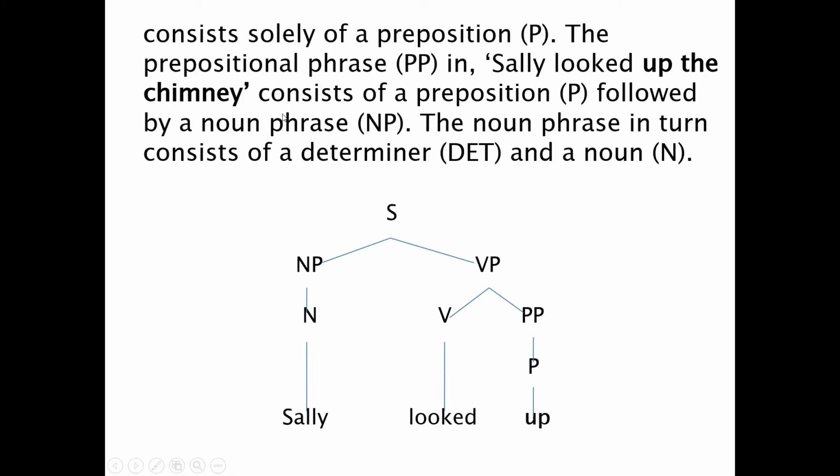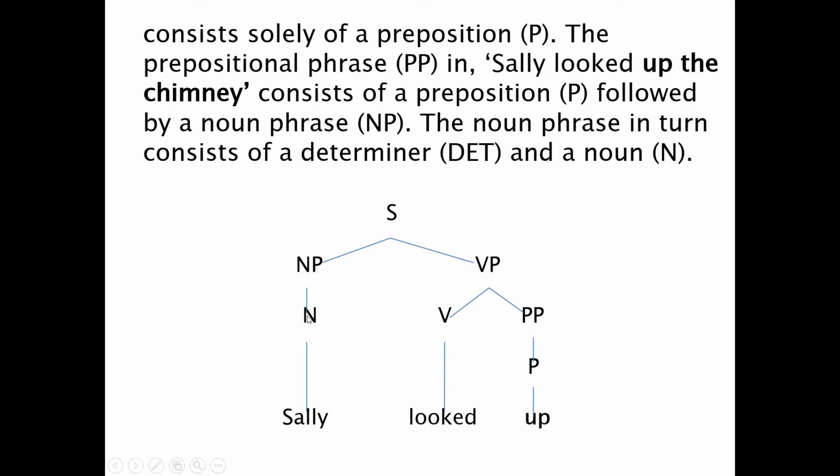Okay, Sally looked up the chimney consists of a preposition followed by a noun phrase, so we have a preposition, and what follows it, the word chimney, the plus chimney. The noun phrase in turn consists of a determiner and a noun. So that's very easy to understand, because we have, okay, the chimney.